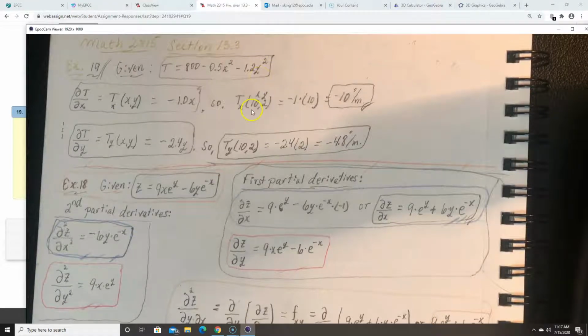So to get the slope on the surface at the x value 10 and y value 2, you just plug into your partial derivative. Wherever there's an x, you put a 10. If there is an x, there is one. And if there's a y, you plug in a 2. There isn't one. Sometimes there will be, though. And now compute. Negative 1 times the x value 10 is negative 10. And they told us in the problem, it's degrees per meter.